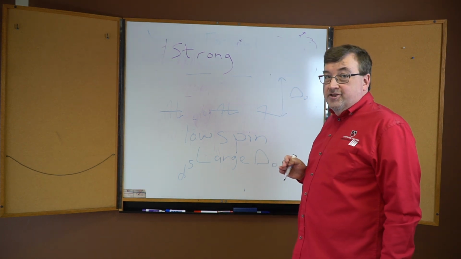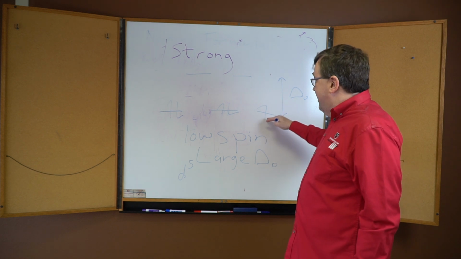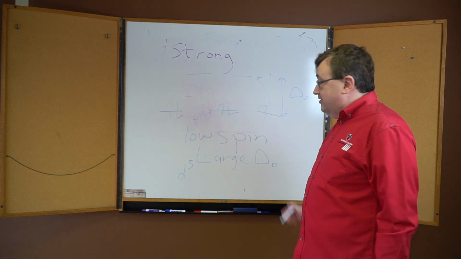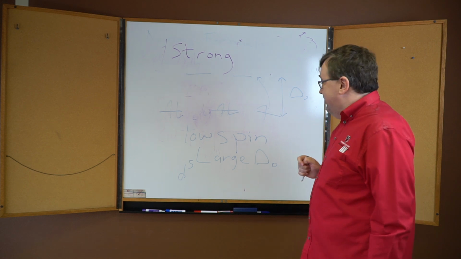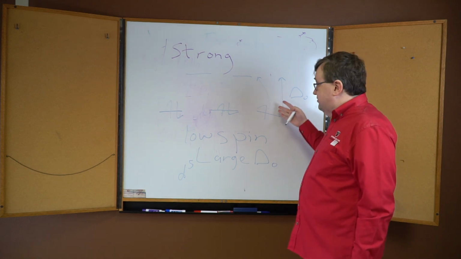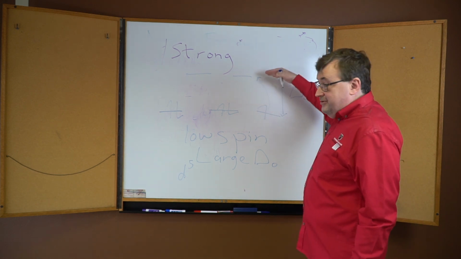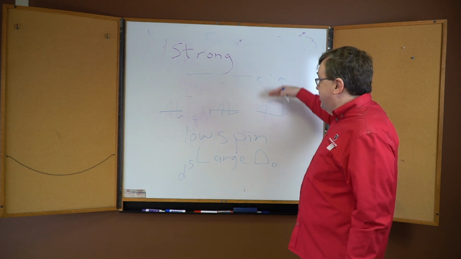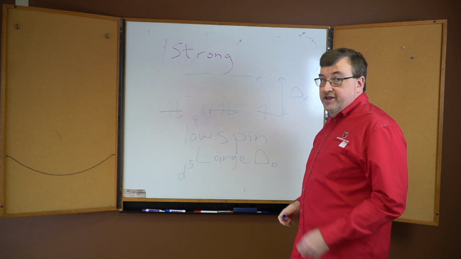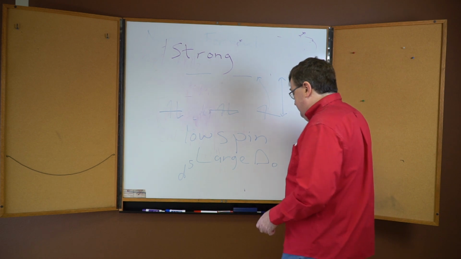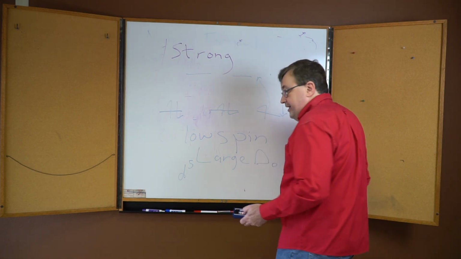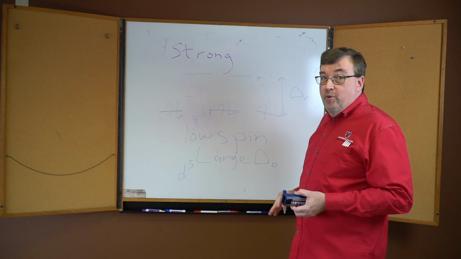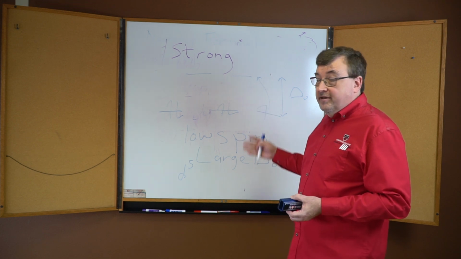I have one unpaired electron, and if I take an electron from the T2G to the EG, the wavelength can tell you something. Short wavelength, large energy, and you can actually calculate the energy gap here. I'm not going to have you do this, but I want you to be aware this is how we experimentally determine this.